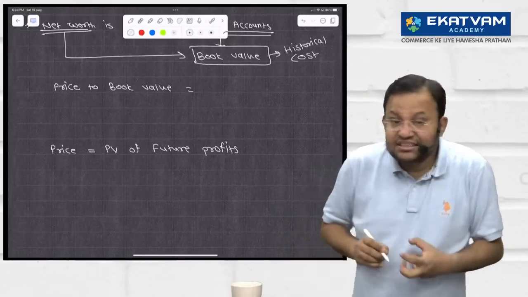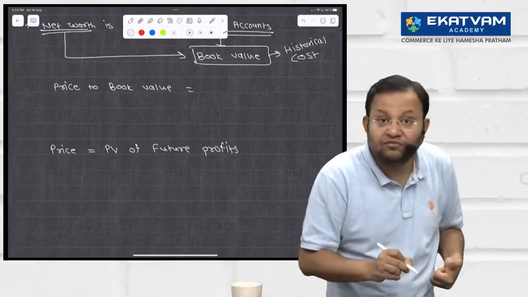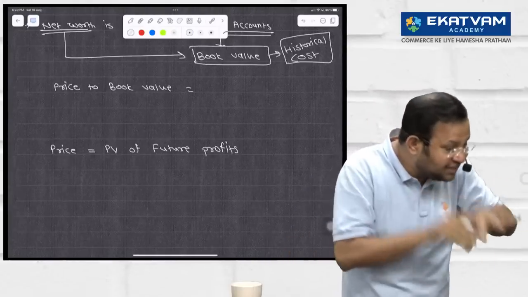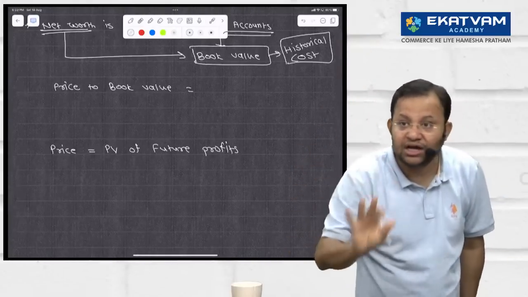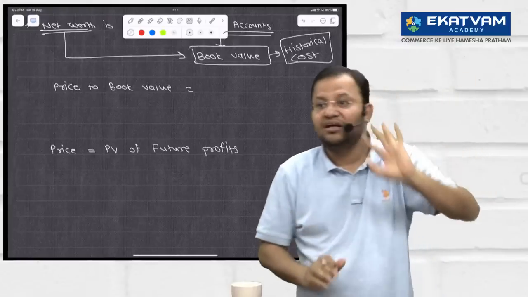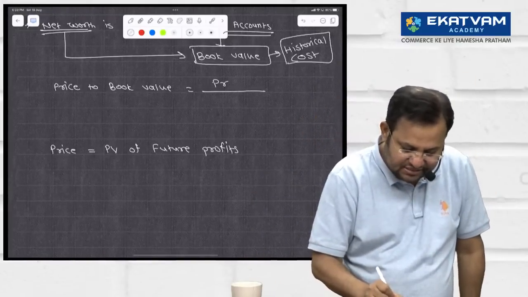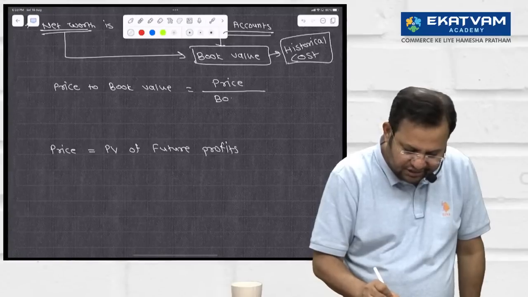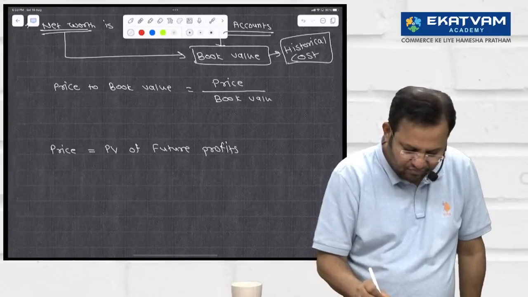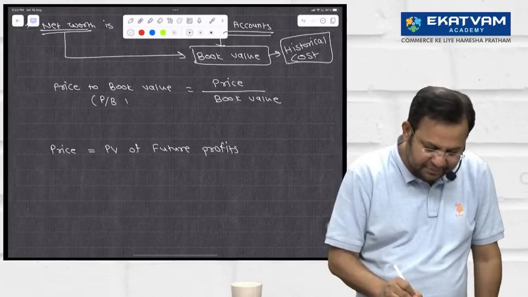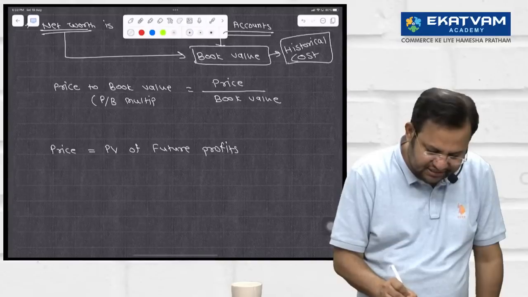So book value is for what? Book value is the historical cost of what you have purchased and what appears on your balance sheet, minus your liabilities. Price upon book value is known as what? Price to book value ratio. What do we call this? PB multiple or ratio, whatever it is.